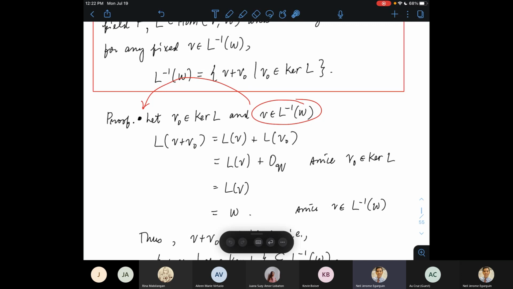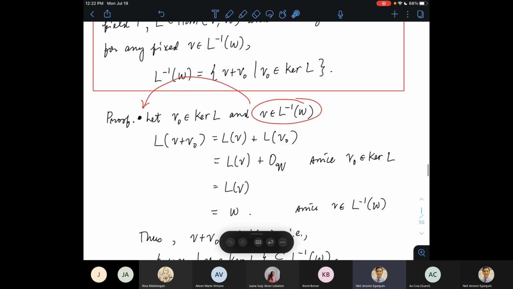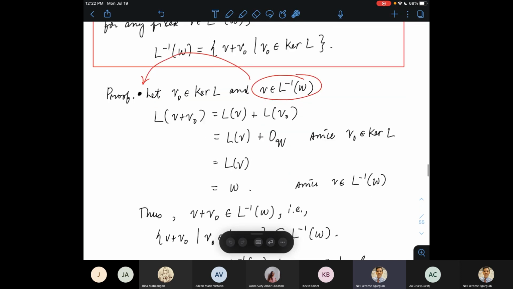Okay, the first step is to use the linearity of L. So I can write the image as the sum of two images. But what do we know about V0? V0 is in the kernel of L. So that means L of V0 is equal to the 0 vector in W. And since that is the case, we'll have L of V0 plus 0W, the 0 vector in W, will give us L of V. But what is L of V?